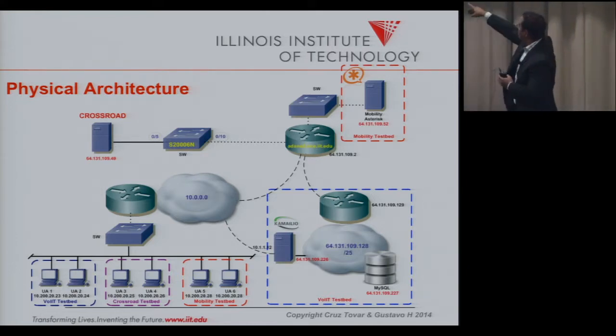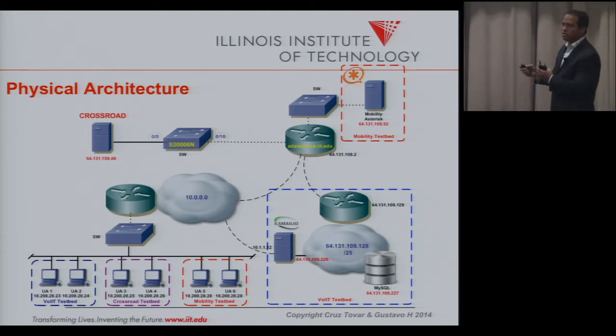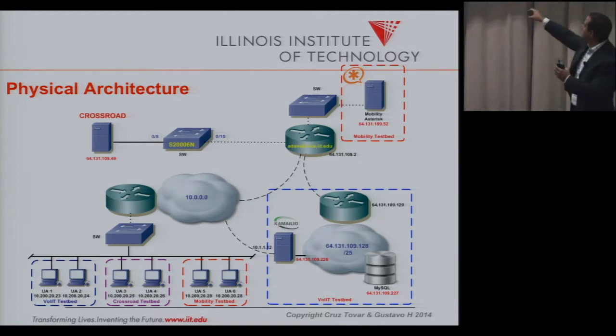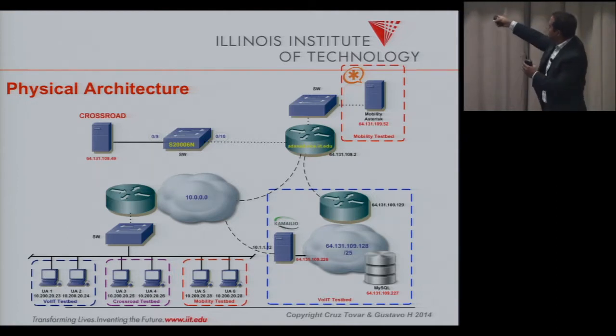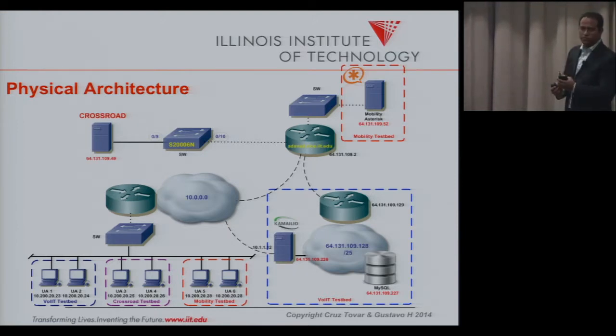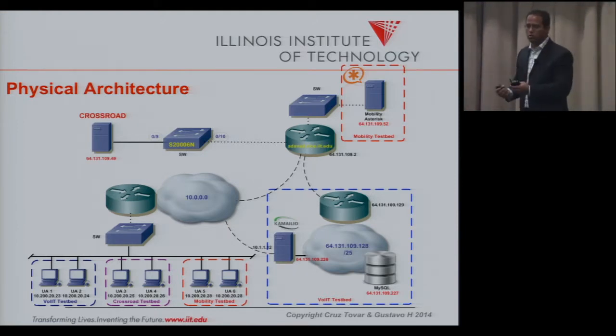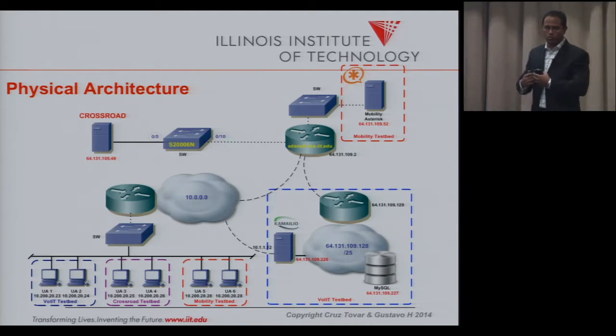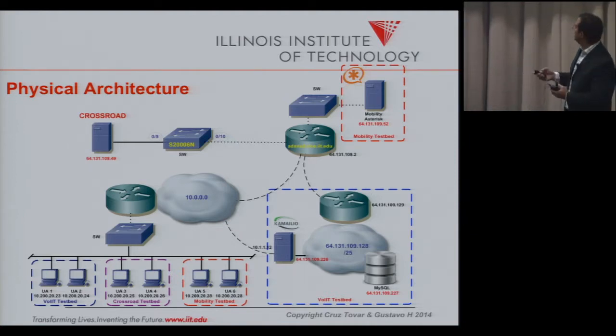The devices that we use are computers, and our user agents are two user agents per testbed. This is just for testing purposes. We can use more computers and more user agents.